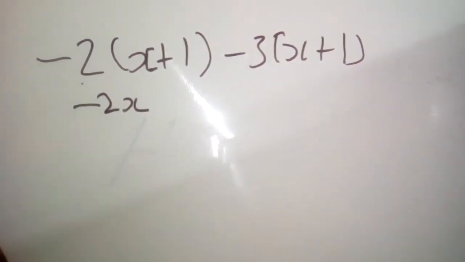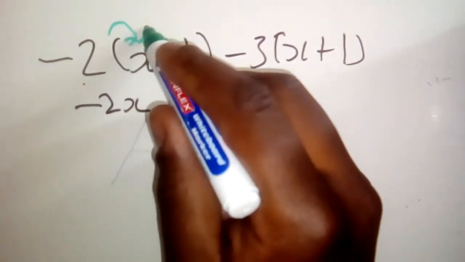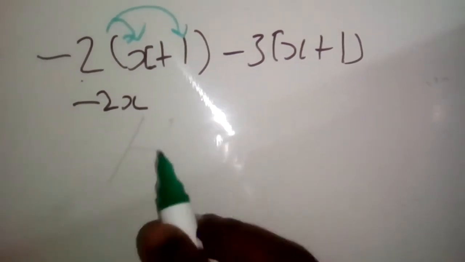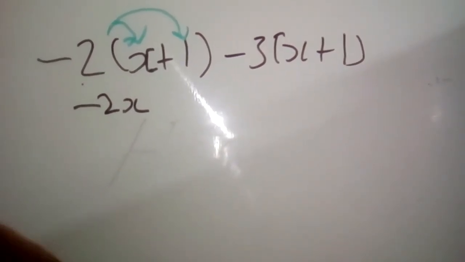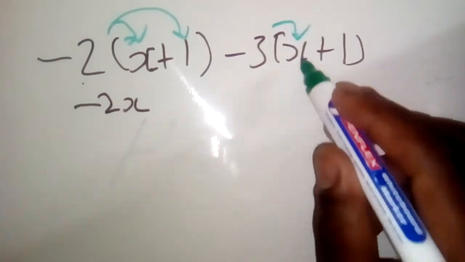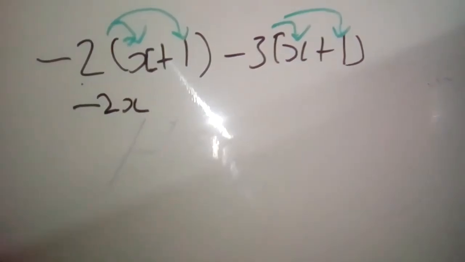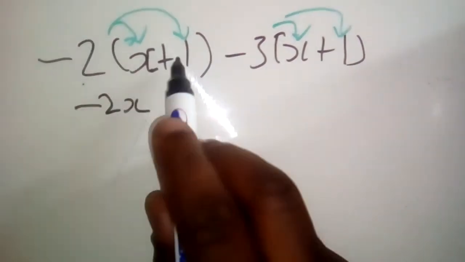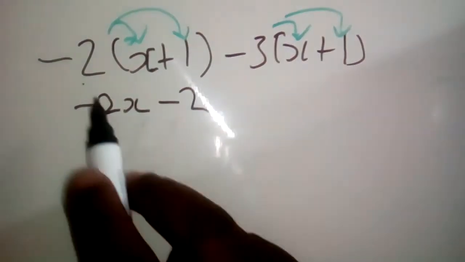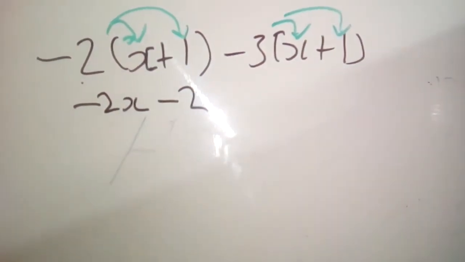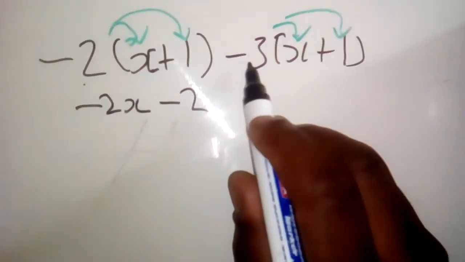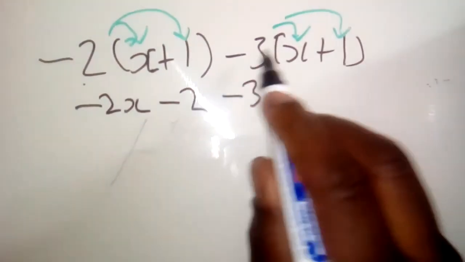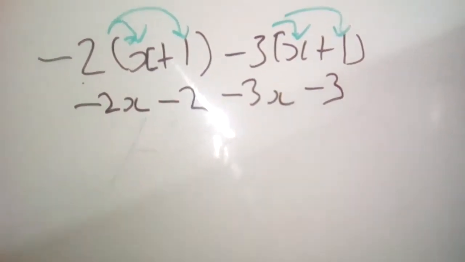We're first going to multiply this, then after that we will multiply this. And then from here, when we're done, we'll multiply this, then after that we'll multiply that. So negative 2 times x is negative 2x. Then negative 2 times positive 1 is negative 2. And then here, negative 3 times x is negative 3x, then negative 3 times positive 1 is negative 3.